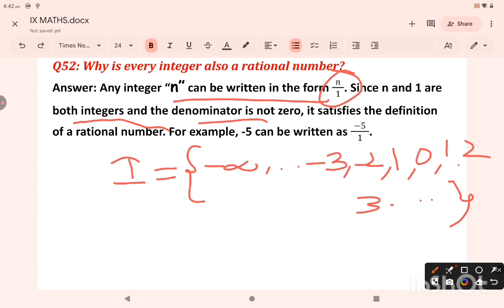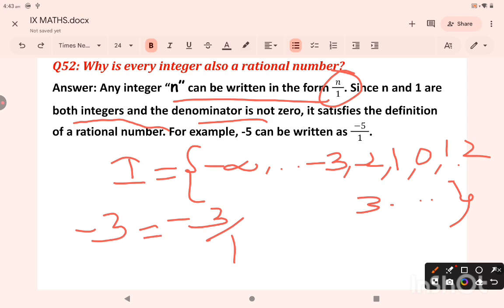Therefore, every integer can be expressed in the form of p by q. For example, minus 3 is an integer. Here this can be written in the form of minus 3 by 1. Here we take the denominator 1. So minus 3 is equal to minus 3 by 1.